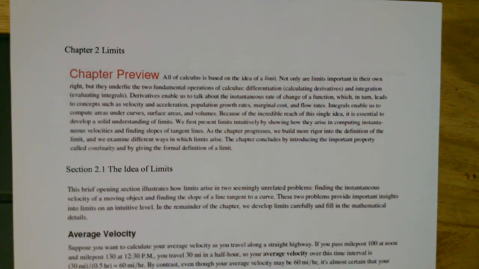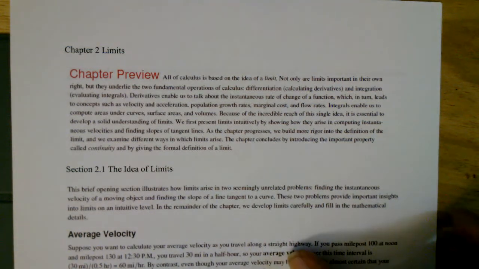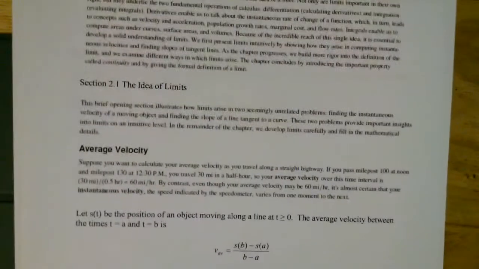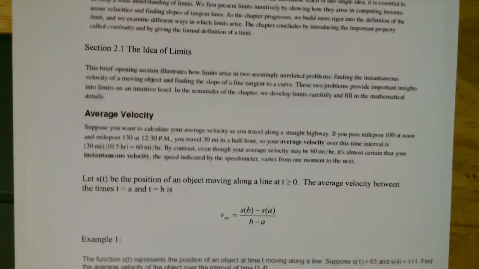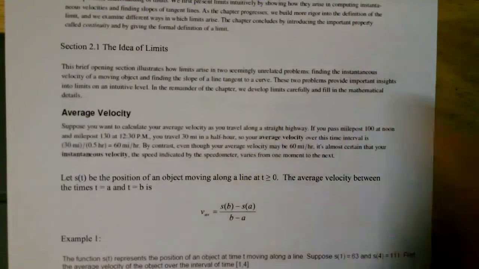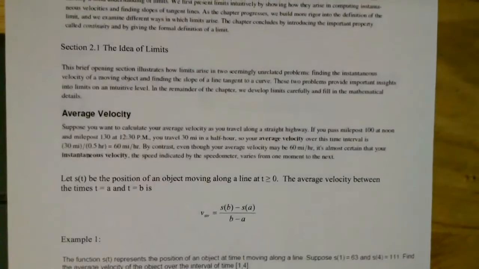Okay, so let's start with average velocity. This opening section illustrates how limits arise in two seemingly unrelated problems: finding the instantaneous velocity of a moving object and finding the slope of a line tangent to a curve.